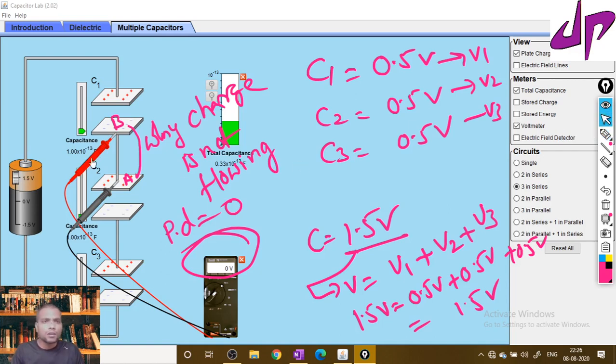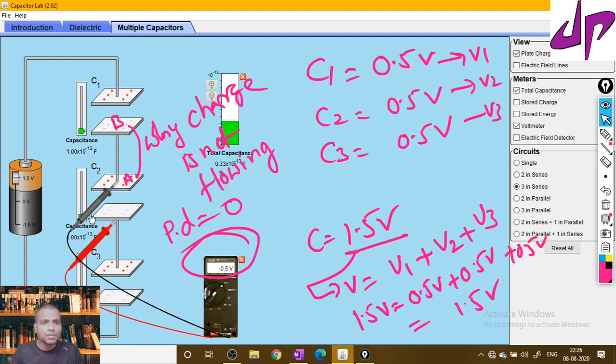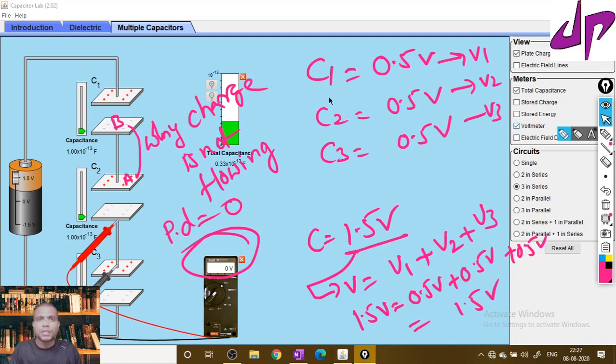Likewise, if you measure the potential difference between the connecting plates here, where one leg of the capacitor is connected to another leg, the potential difference goes to 0. So that's why the charge cannot move between the connections. It always moves from the first plate to the last plate where we connected.